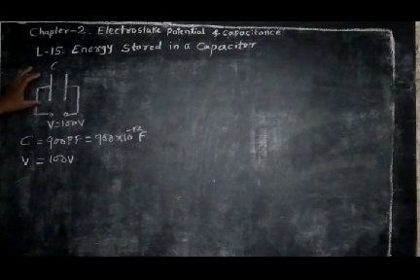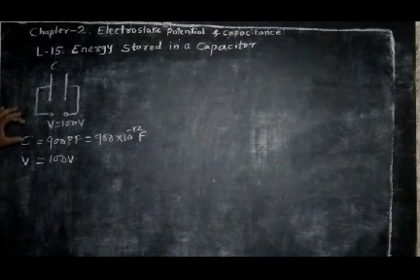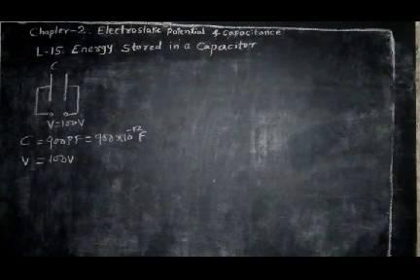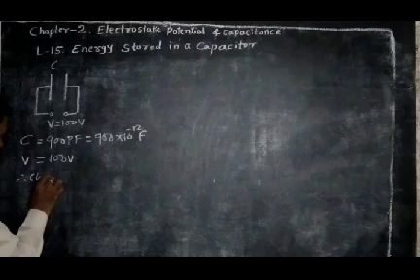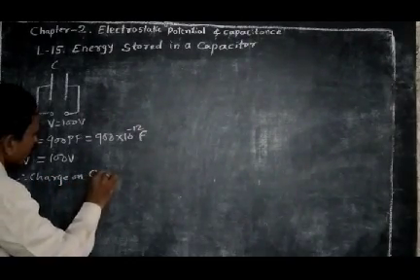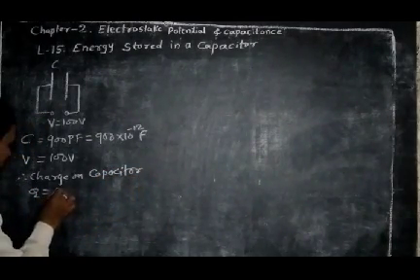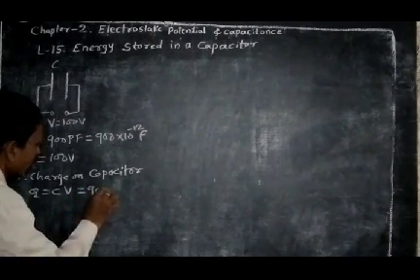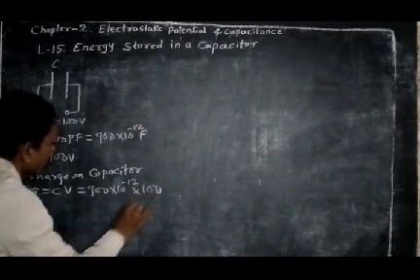Then what is the charge acquired by the plates of the capacitor? Your capacitance is 900 picofarad. It is charged at 100 volt. Therefore, charge on capacitor Q equal to C into V. Here C equal to 900 into 10 to the power minus 12 into 100.